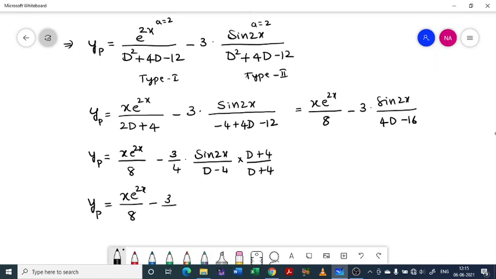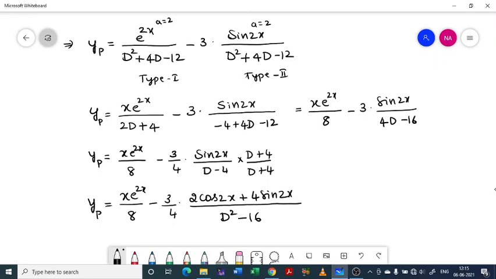minus 3 by 4 times, see, D into sin 2x will be cos 2x into 2, so 2 cos 2x plus 4 sin 2x, divided by D square minus 16, that is D square minus 4 square.